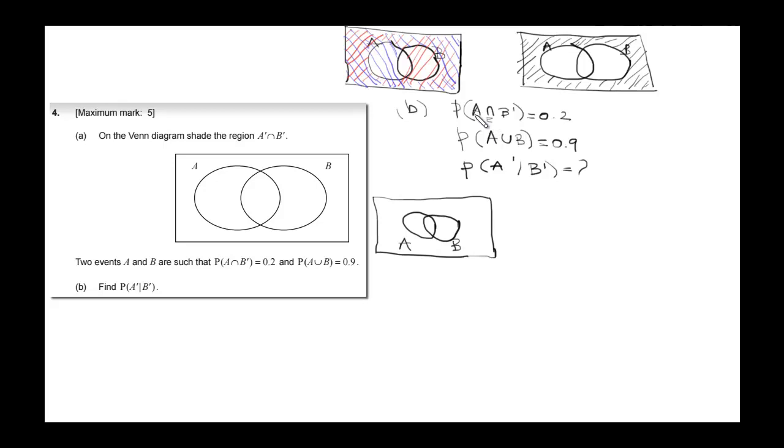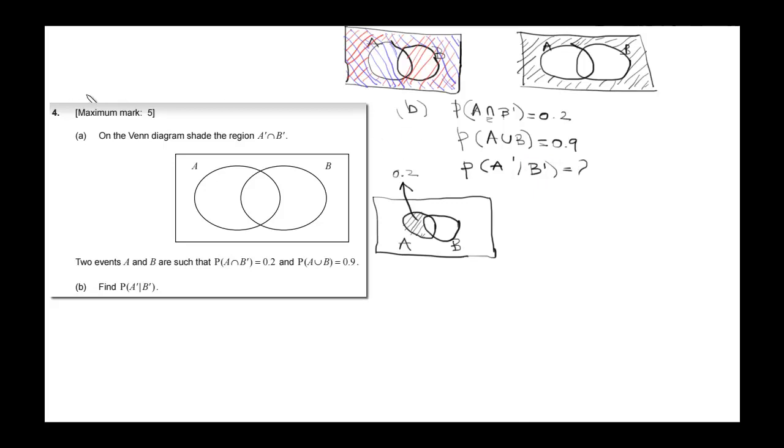So what is common between A and outside of B? That is, what is inside A and is outside B. It means this region. So this region is represented by the probability 0.2. Probability of A union B equals 0.9.